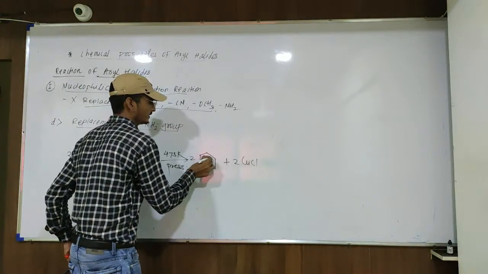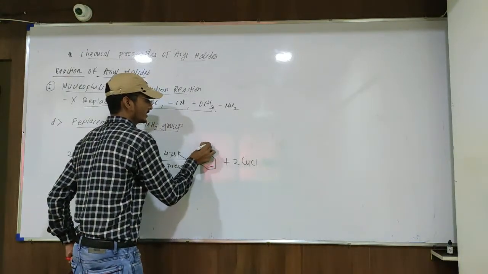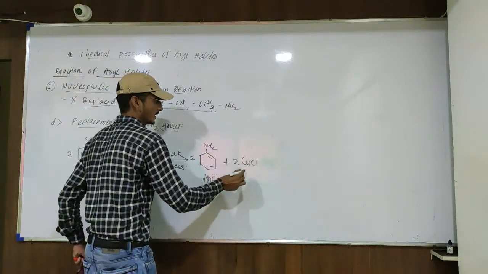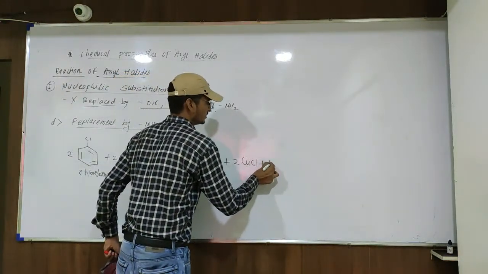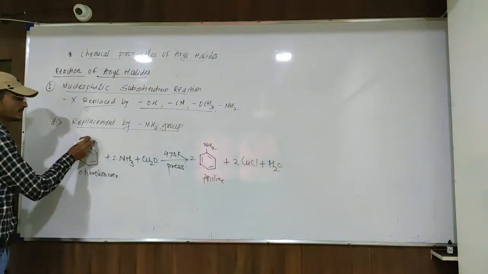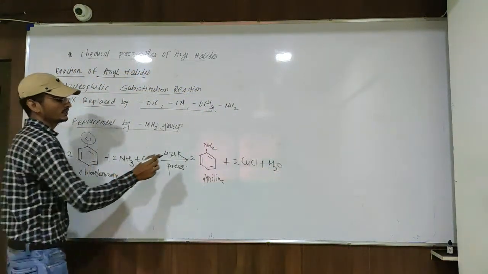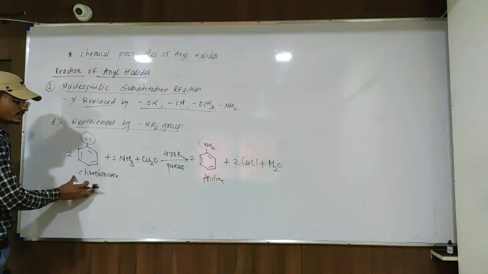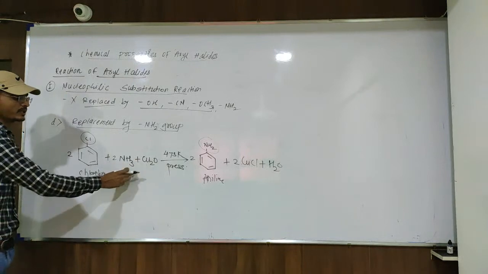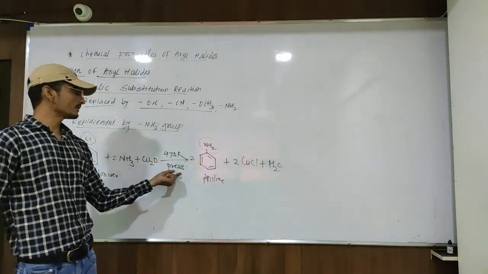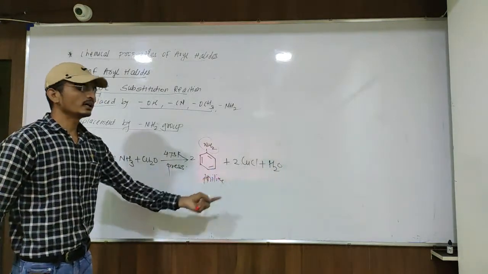So here you will get the aniline, that is the NH2, so it is called the aniline, and 2 times of CuCl plus H2O. Okay, so what happened here? Only Cl is replaced by NH2. Chlorobenzene reacts with ammonia in the presence of cuprous oxide at temperature 473 Kelvin, and you will get the aniline.